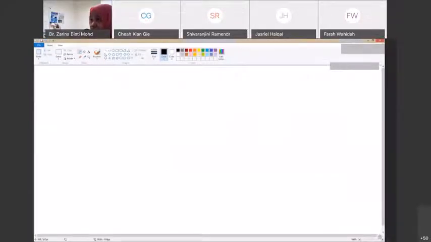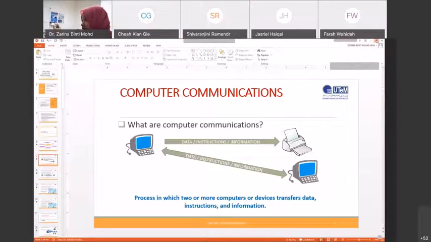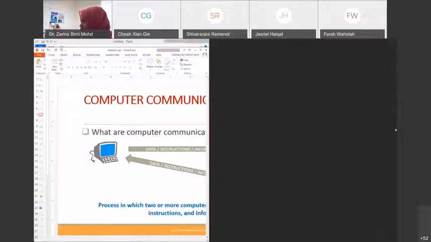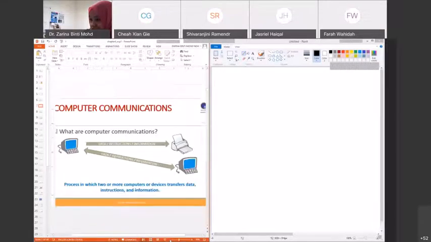You see over here, computer communications, basically over here it states that it's a process in which two or more computers or devices transfer data, instructions, and information.